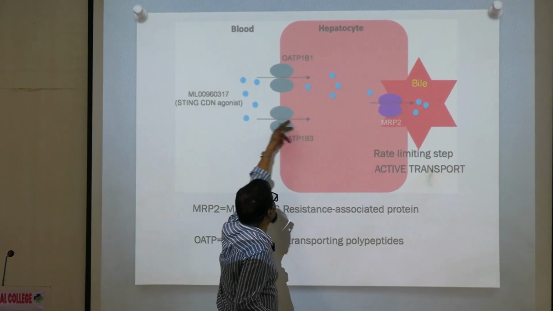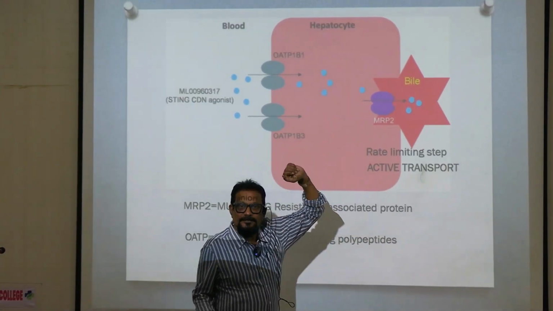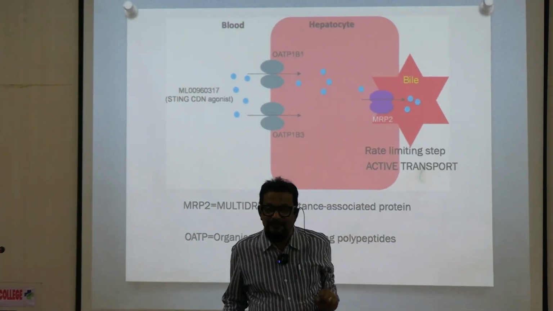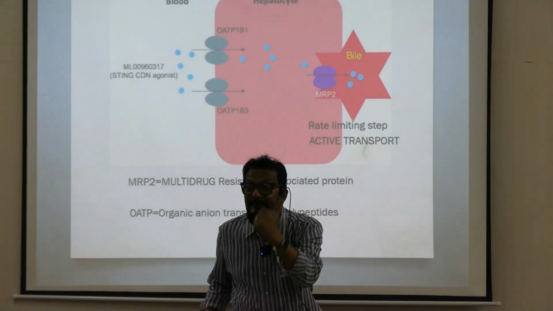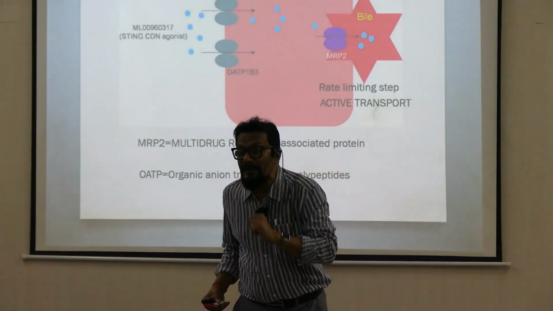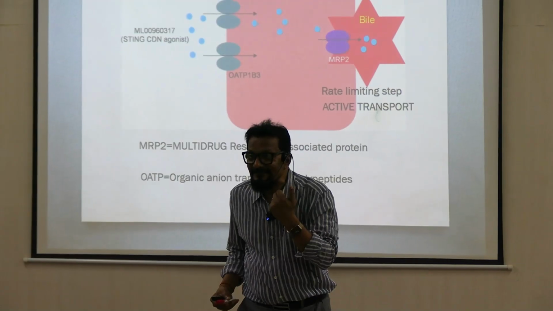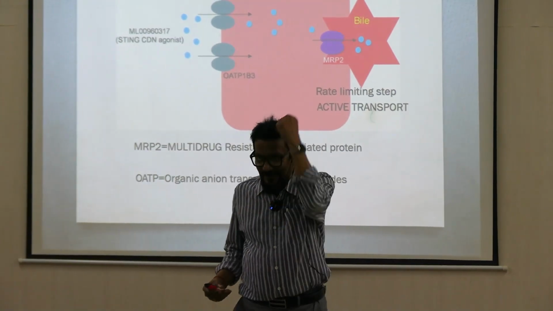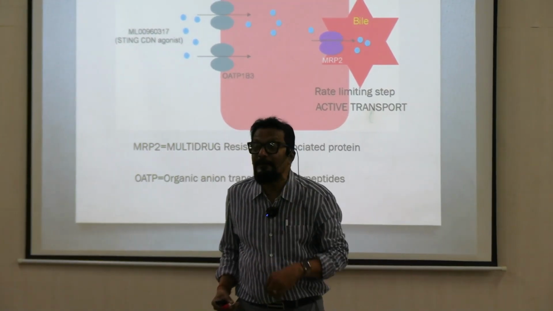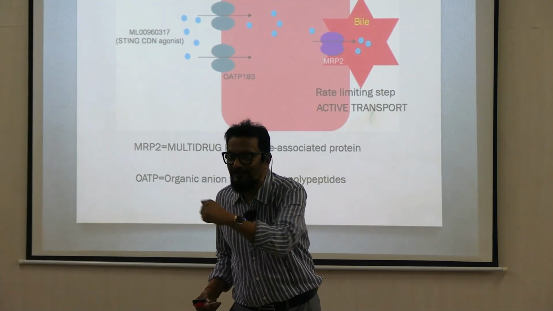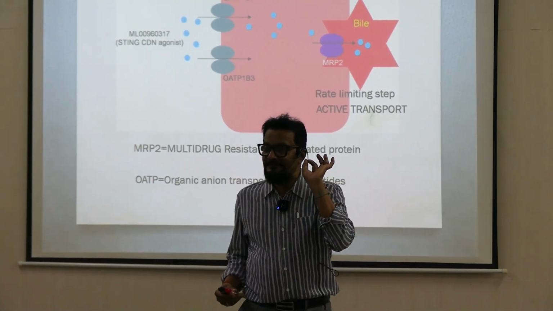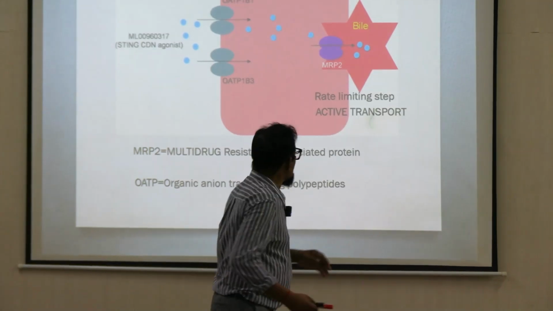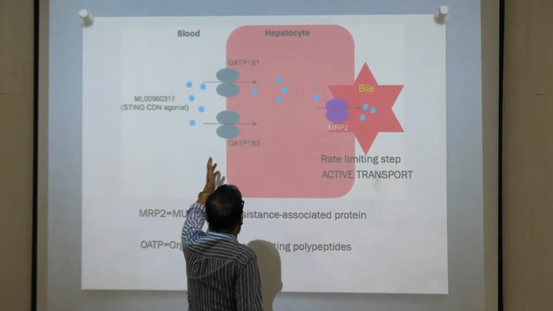So in any pathological or hereditary condition, if these proteins are not synthesized, it may happen that bilirubin will not be able to enter. So this is a hereditary disease.